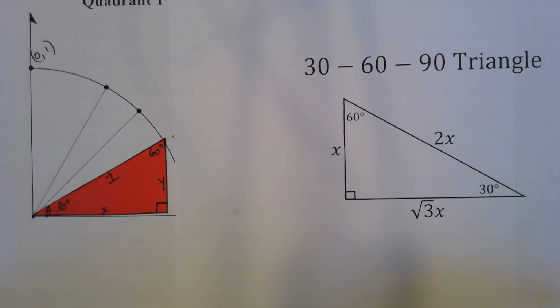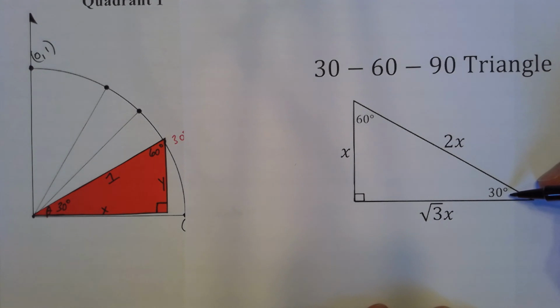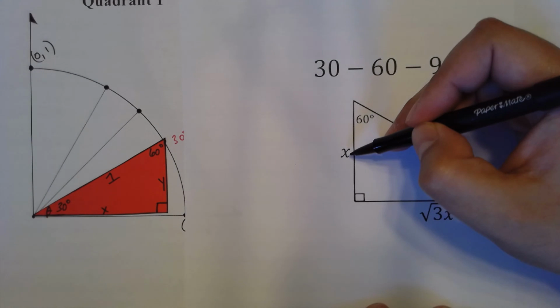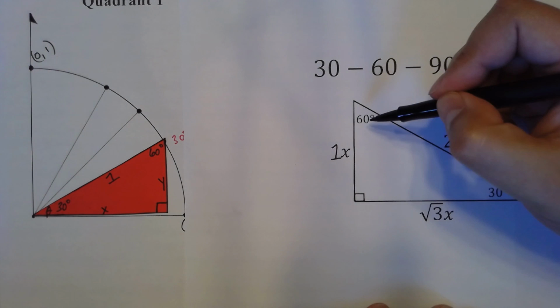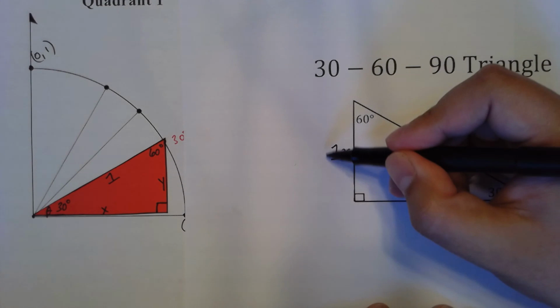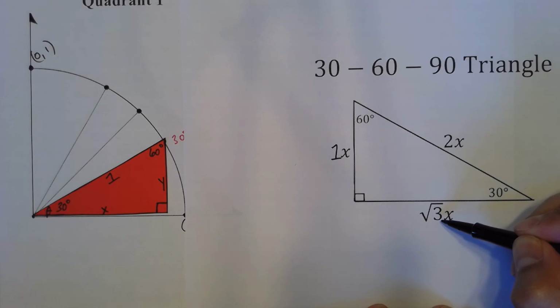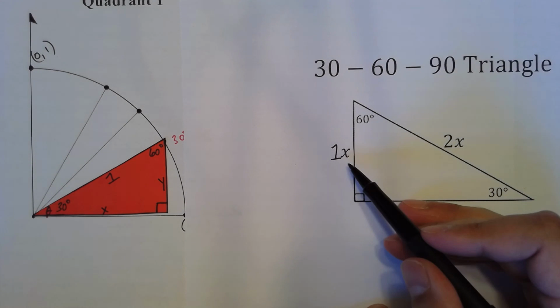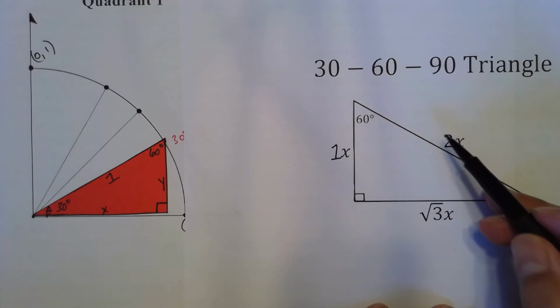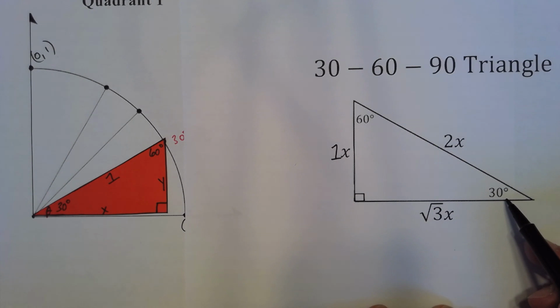So we know that the side opposite of 30 is going to be x, or 1x. The side opposite of 60 is going to be whatever this number was times the square root of 3. And we know the hypotenuse is going to be double what the side was opposite of 30.